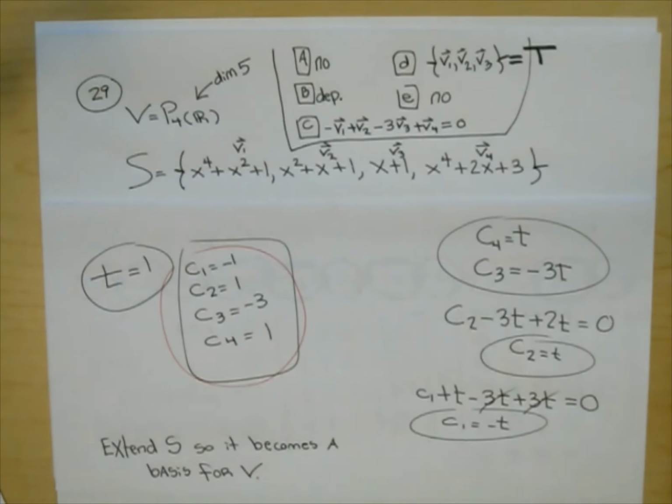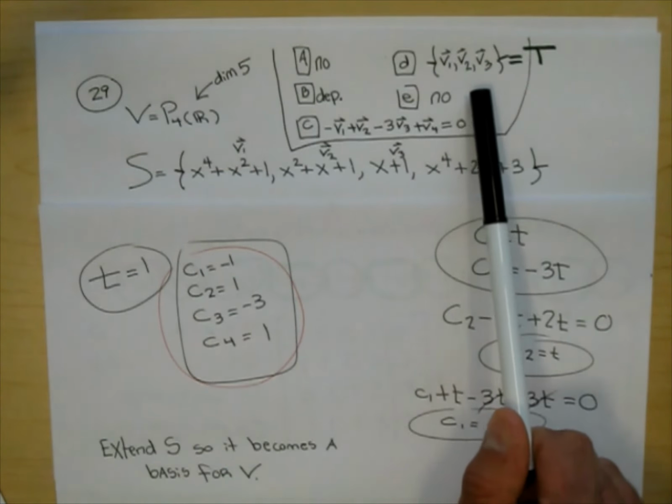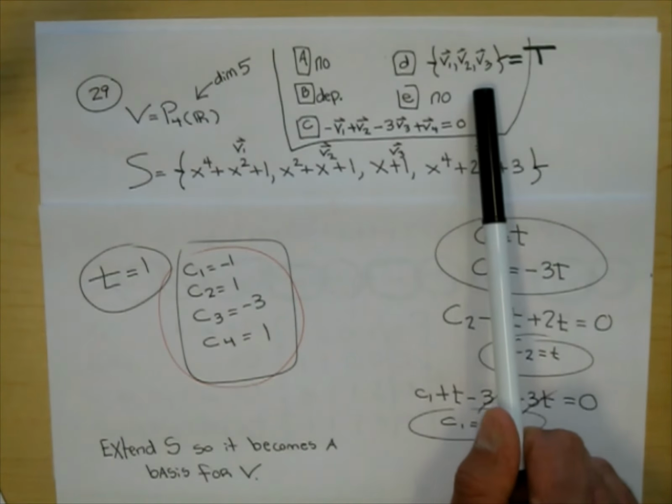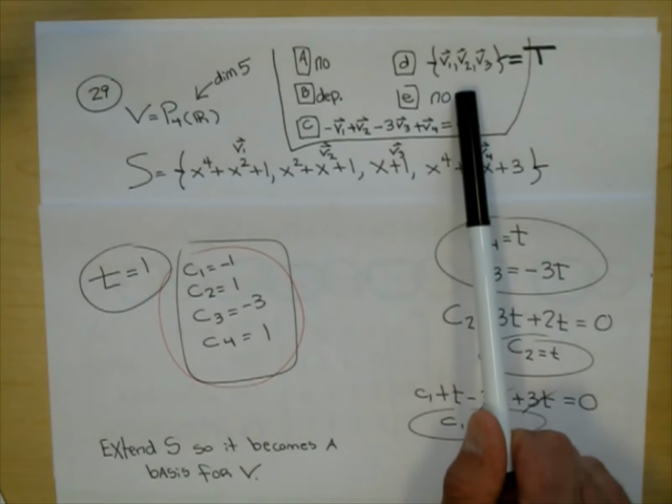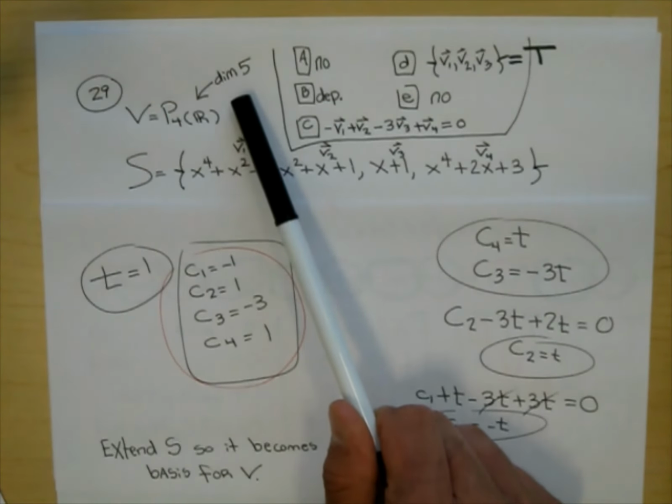But can we extend that so it becomes a basis for all of P4? Now, how many elements do you have in here? You have 3 elements in there. So to extend that basis, you're going to have to add how many more elements? You're going to have to add 2 more elements.